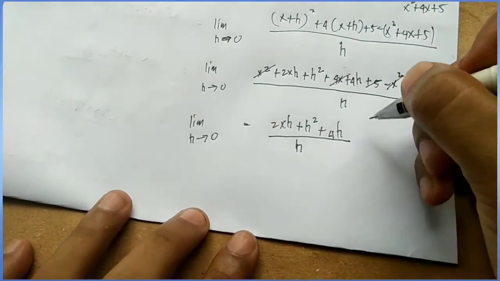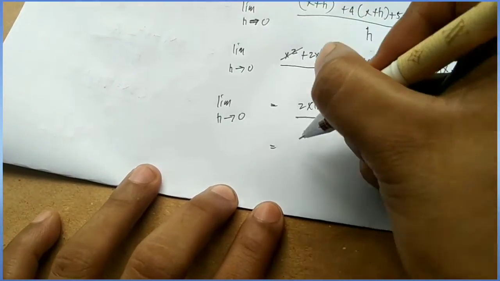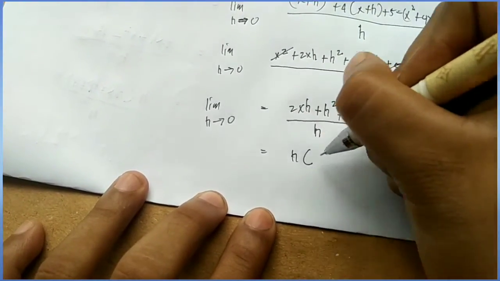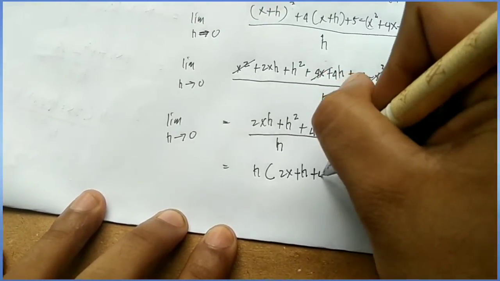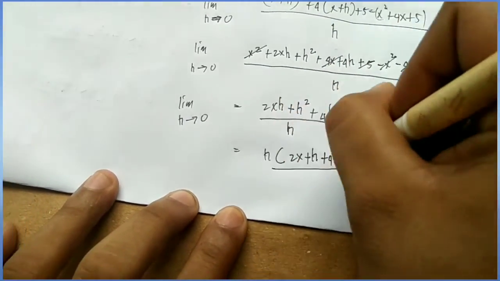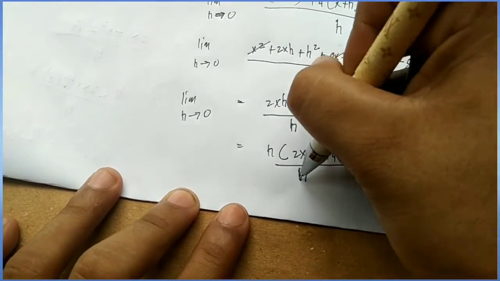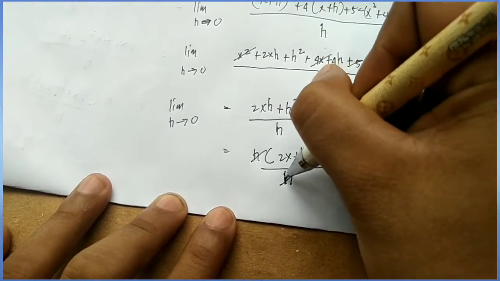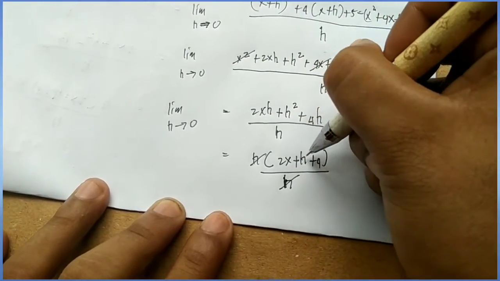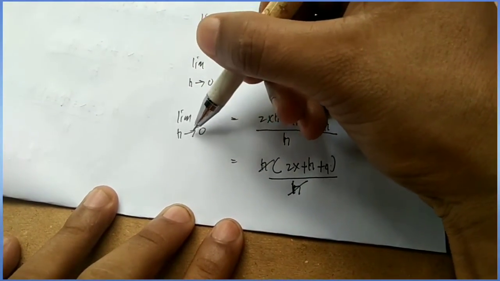Now let's factor out: h times 2x plus h plus 4, all over h. The h cancels, leaving 2x plus h plus 4. Since h approaches 0, h becomes 0.